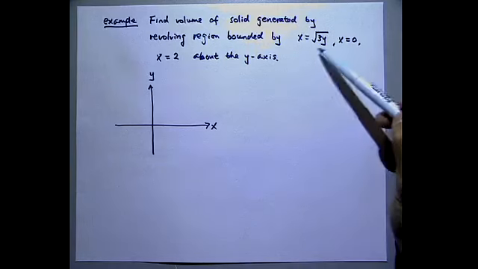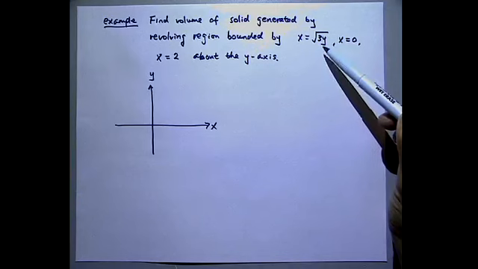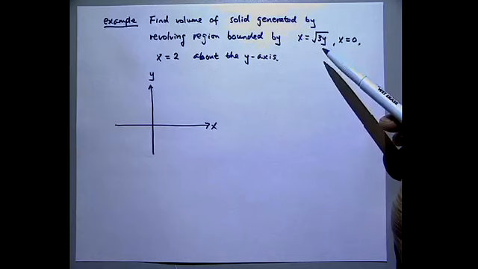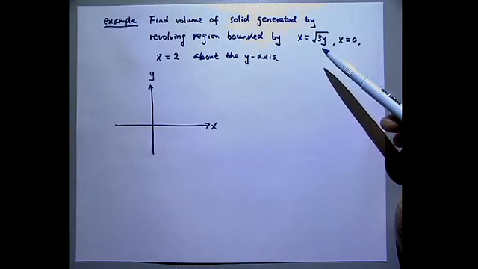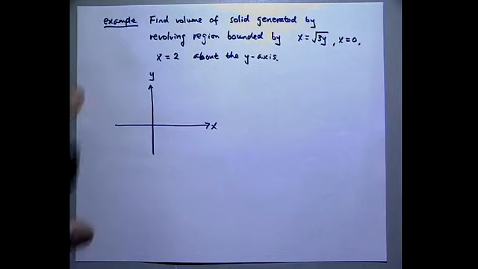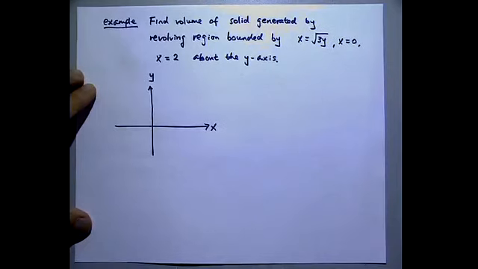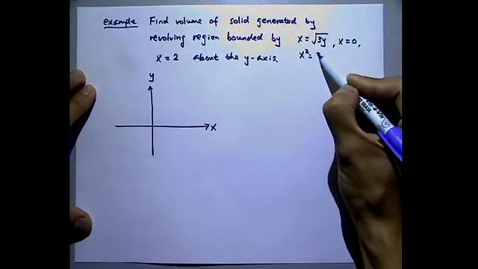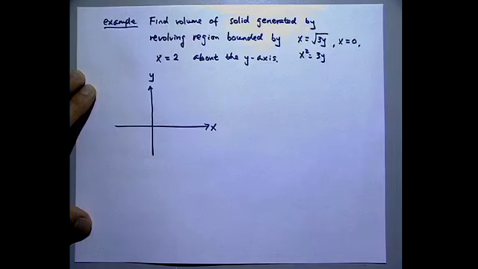Okay, so what shape is this? x is equal to radical 3y. Half a parabola. Which way does it open? To the right. Who else? Upward. Okay, so here's one way you can see. We're used to seeing the equation y is equal to blah. If I square both sides, then I get x squared is equal to 3y.